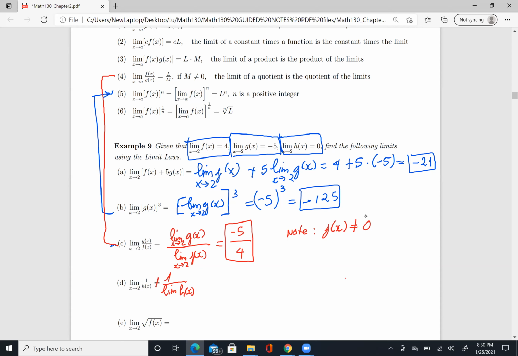It's not equal to that. So you should not mess up with that. So think like this.